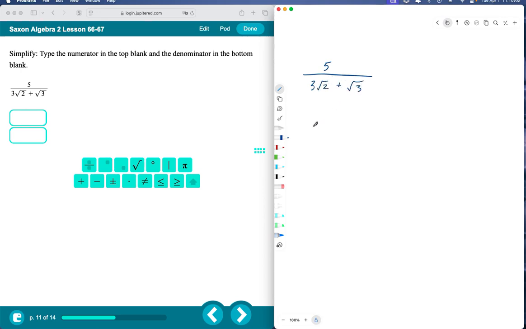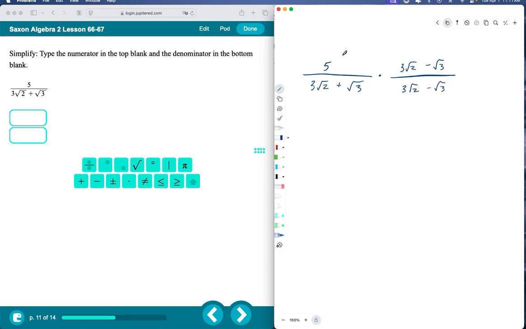So we change the sign on the radical because we want the radical to have an opposite. We just change it for the operation that's existing there. So it's going to be times 3 times the square root of 2 minus square root of 3.